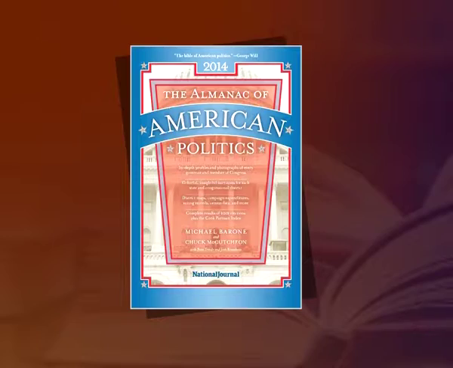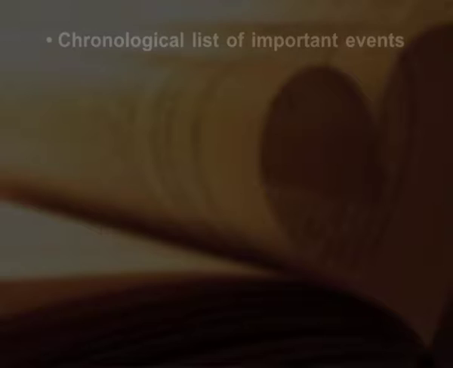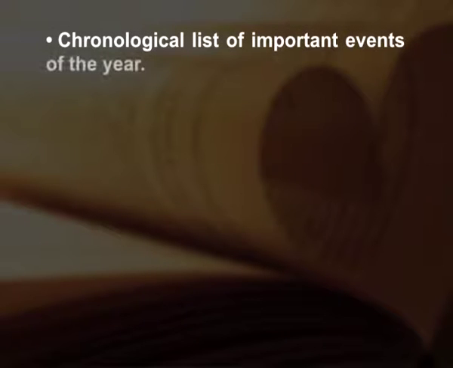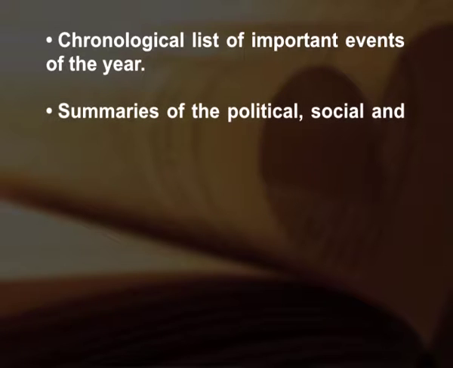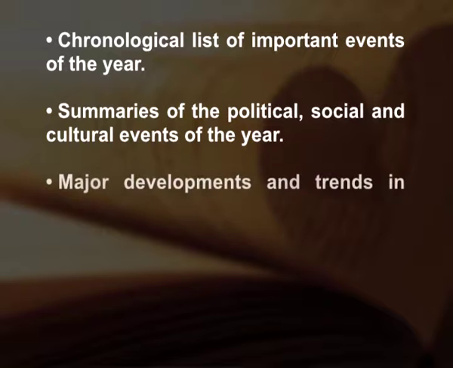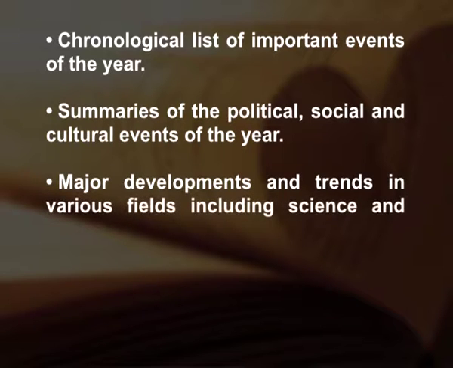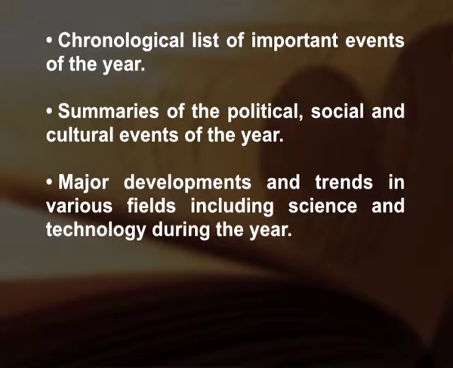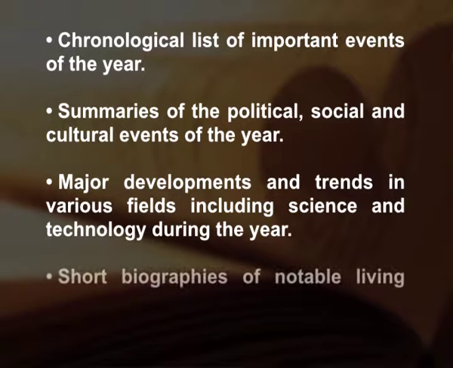Yearbooks and almanacs usually contain the following kinds of information. First, a chronological list of important events of the year. Second, summaries of the political, social and cultural events of the year. Third, major developments and trends in various fields including science and technology during the year.